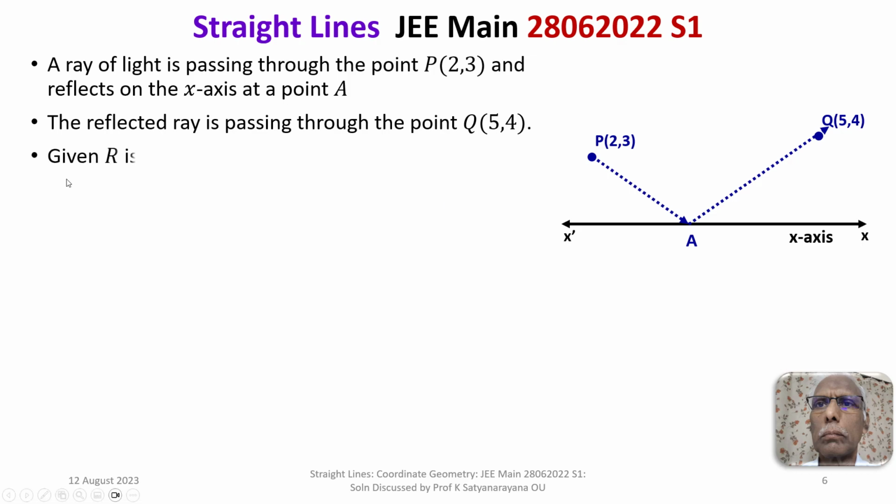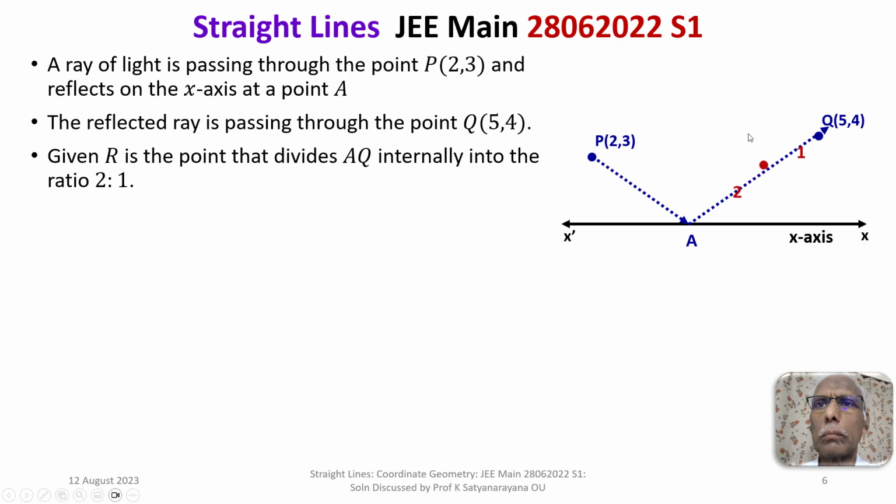Given R is the point that divides the line joining A and Q internally in the ratio 2:1. So R is the point that divides AQ internally in the ratio 2:1. This is the point R. Let AS be the angular bisector of the angle PAQ.